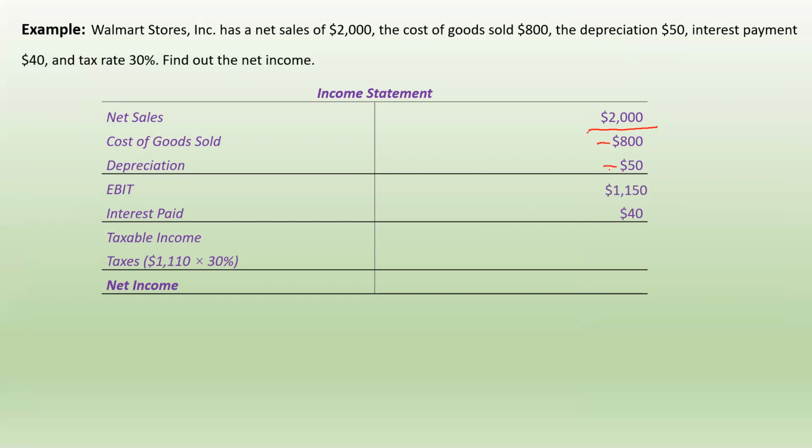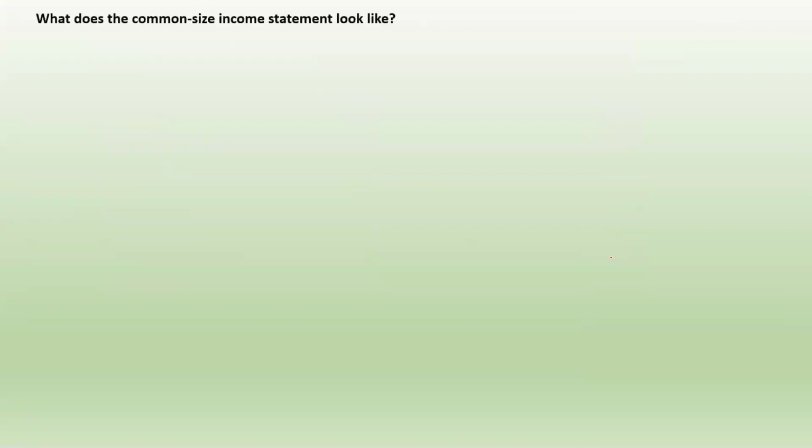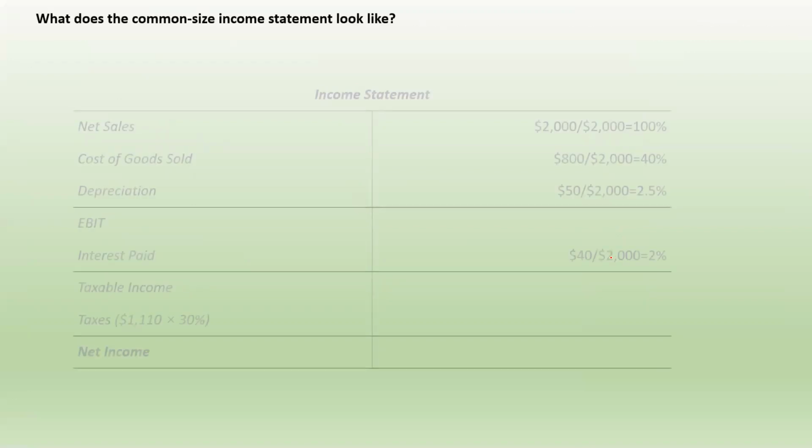That's earnings before interest and tax. We subtract the interest, which gives taxable income. We calculate the tax, which is 30% of the taxable income, and deduct it from taxable income. We get the net income, which is 777.